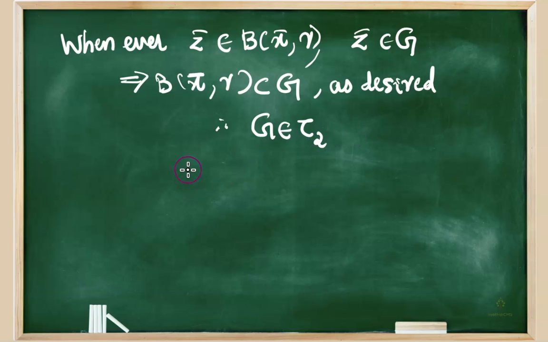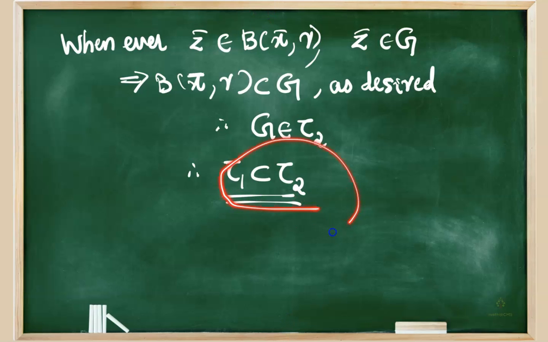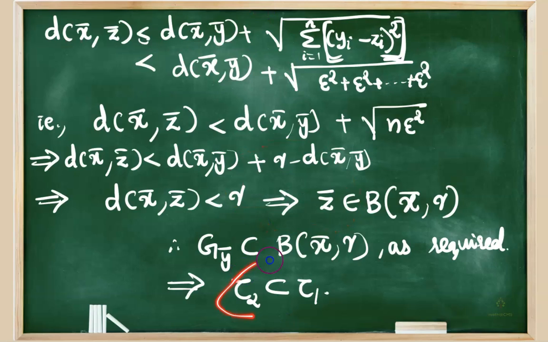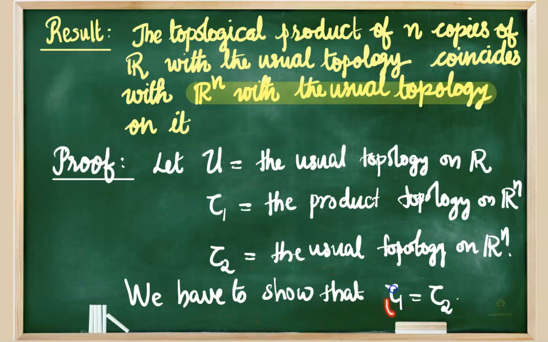Since G is arbitrary, we have shown that tau 1 is a subset of tau 2. These two inclusions, tau 1 subset of tau 2 and tau 2 subset of tau 1, imply that tau 1 is equal to tau 2 as required.